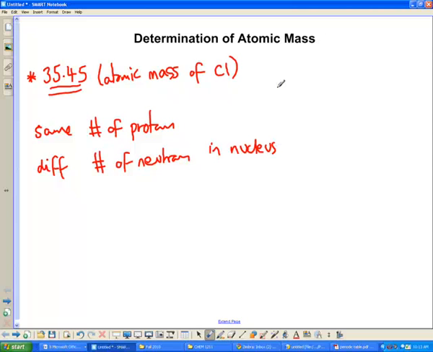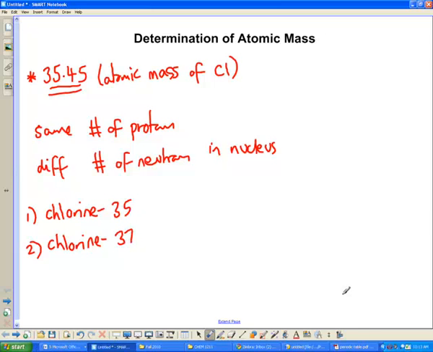There is one isotope of chlorine known as chlorine-35. There is the other isotope of chlorine that is known as chlorine-37. These numbers are the mass numbers of each of those isotopes. So isotope 1 has a mass number of 35. Isotope 2 has a mass number of 37.